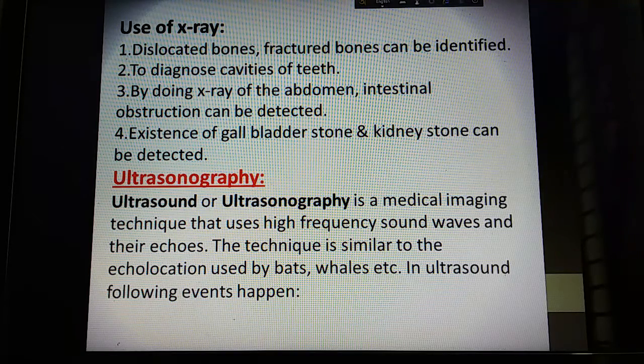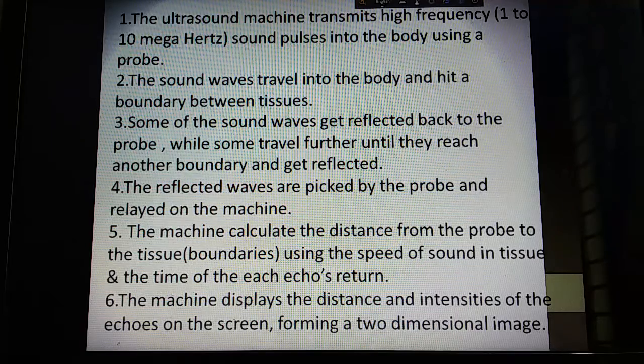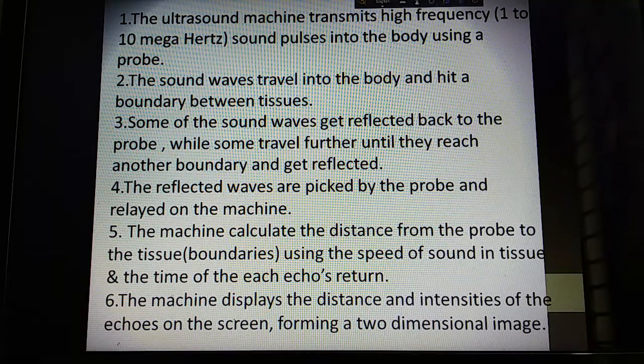Also, we want to know how an ultrasound works. In ultrasound, some events happen. What are the events? First of all, the ultrasound machine transmits high frequency sound, which may range from 1 to 10 megahertz.